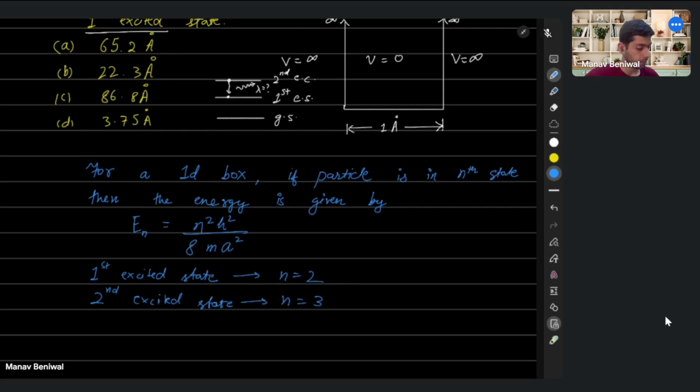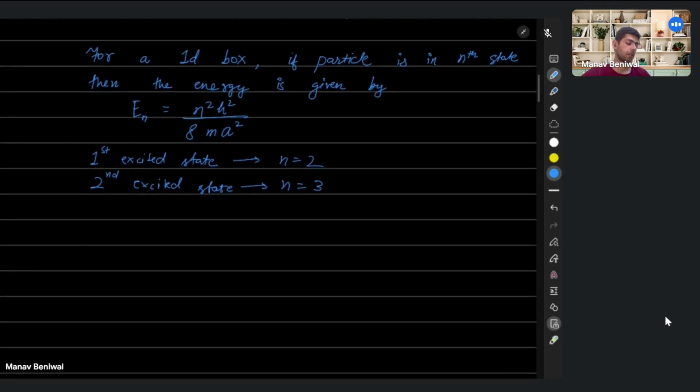Okay, and because the transition is happening from 3 to 2, so the energy difference is given by, let's say this is our final state, this is our initial state.